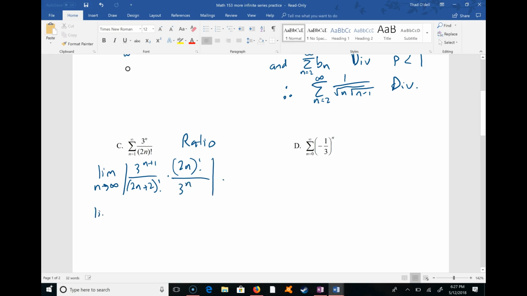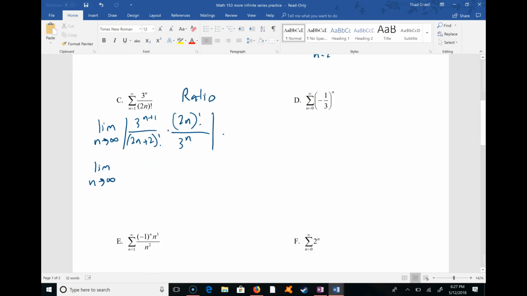And that's going to be equal to, the 3 to the n plus 1 and the 3 to the n cancel out, leaving just a 3 on top. And the factorials cancel out, leaving a 2n plus 2 times 2n plus 1.